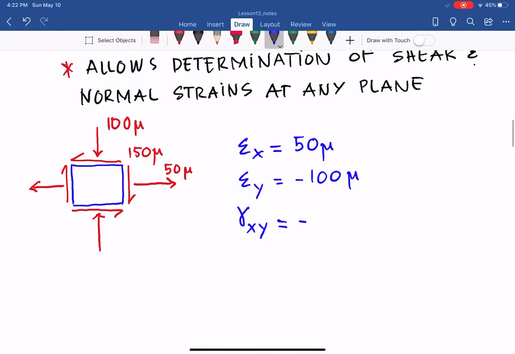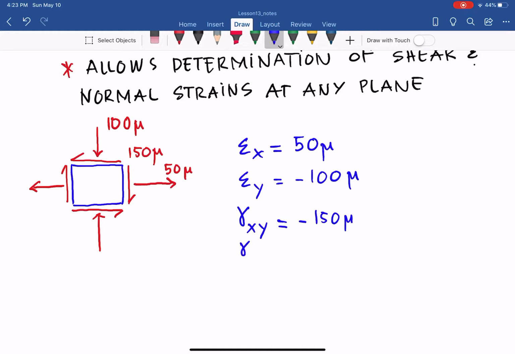As you can see, it is 150 micro inch over inch. Then we have gamma over 2, because that's the analogy we use later on.